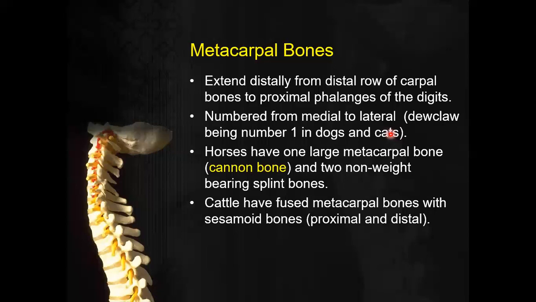Yeah, but I understand that. But why is it 2, 3, 4 instead of 1, 2, 3? Because whenever you remove a digit, you don't change the numbering. My thumb is 1.